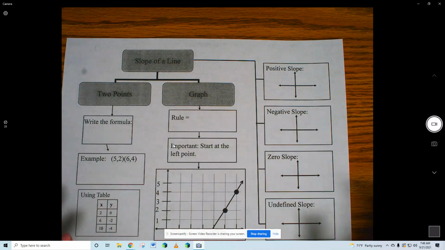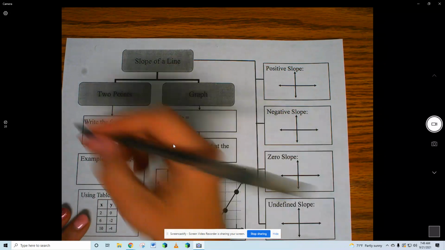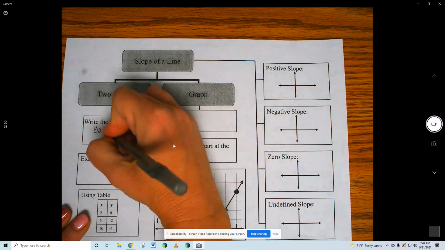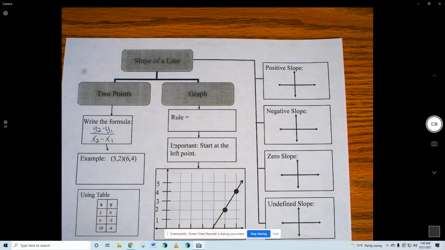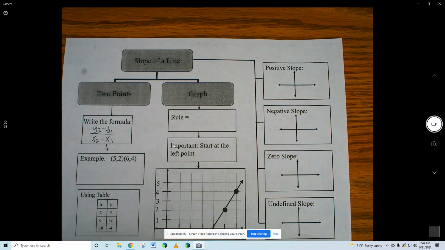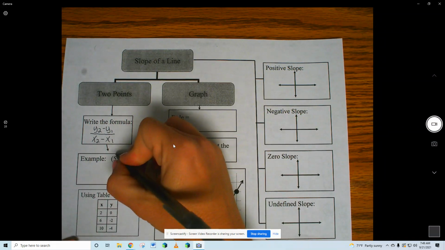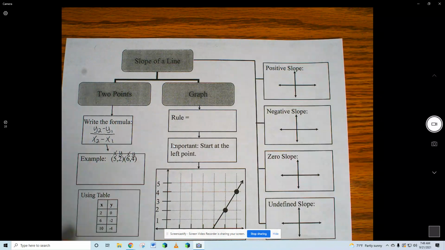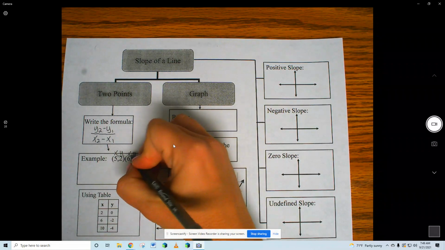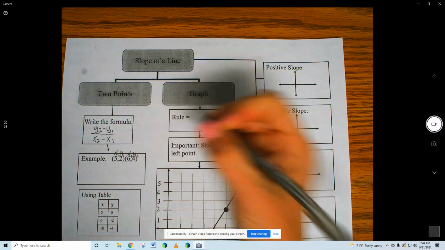Okay. The formula. What's the formula again? y2 minus y1 over x2 minus x1. And let's do an example. You can label 5, 2, and 6, 4, x and y. Do you want me to put the little ones there? x1, y1, x2, y2.